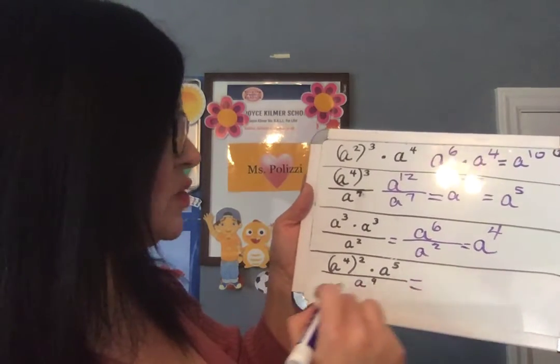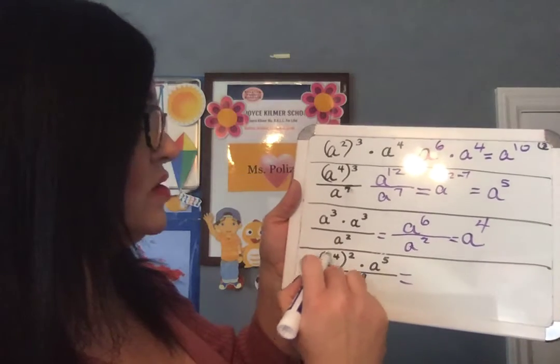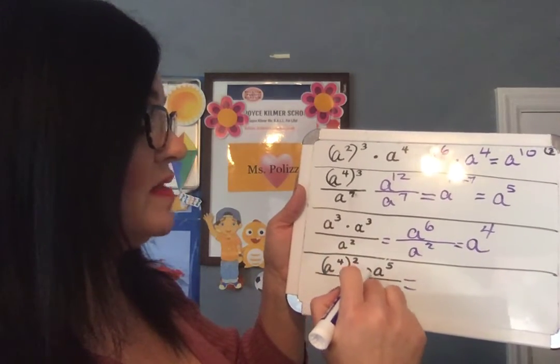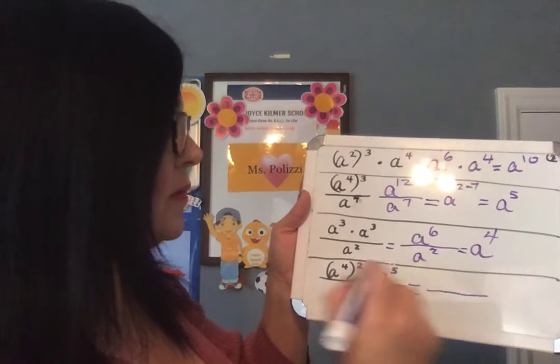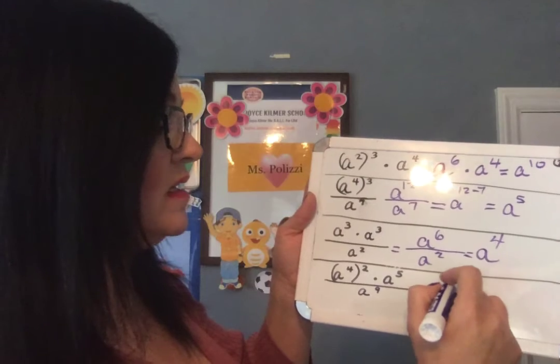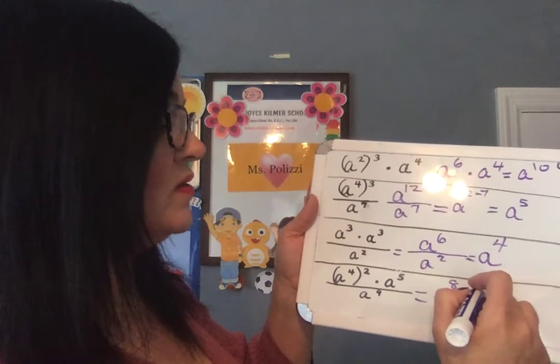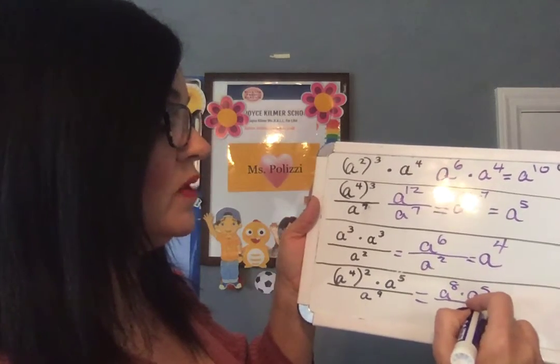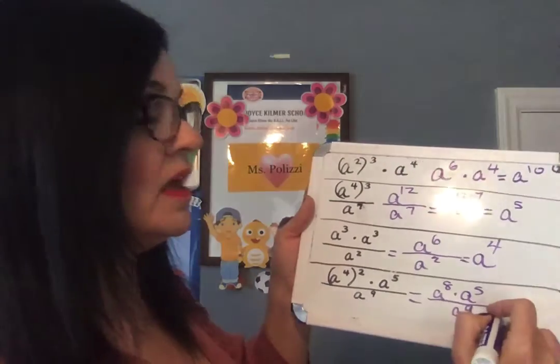Okay? The last one that you might have is a to the 4th power to the 2nd power times a to the 5th power. So let's do the top. A, keep the base. 4 times 2 is 8, times a to the 5th power, over a to the 9th power. Again, we want to go ahead and simplify the numerator.